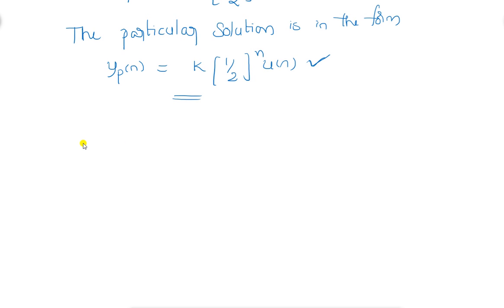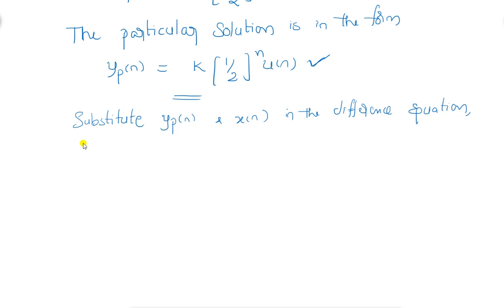So we will see how to solve for the y particular solution. After getting the y particular solution, now substitute this yp of n and x of n in the difference equation, so we get one general equation.